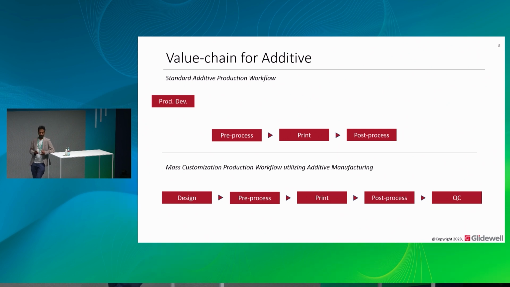We're making a custom bike grip with an SLS process, and let's say for post-processing, we're going to depowder that. We're going to then run it through a vapor smoothing process, and maybe even a coloring process, and then at the end of it, there's a QC step. So most design for additive conversations really stop once that print button is clicked.